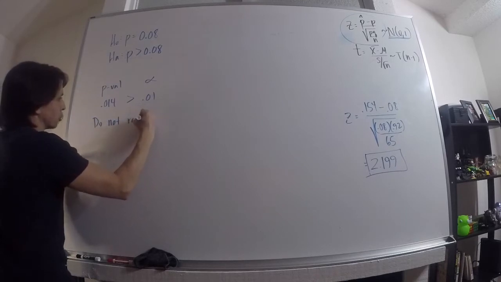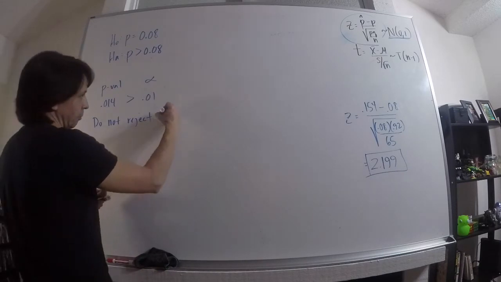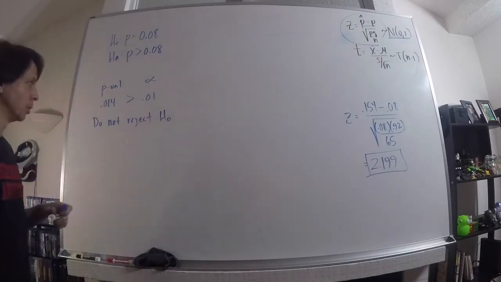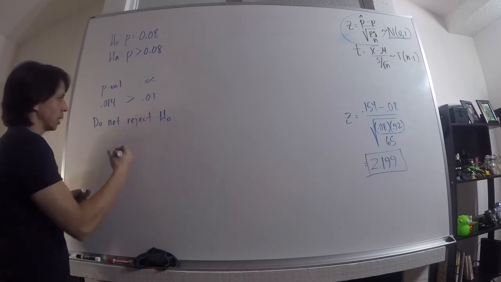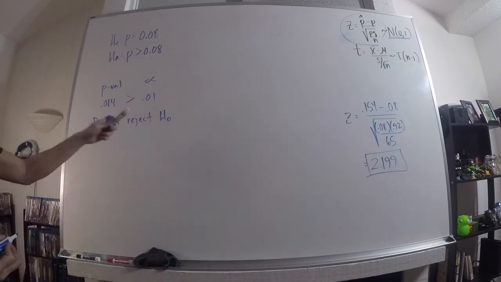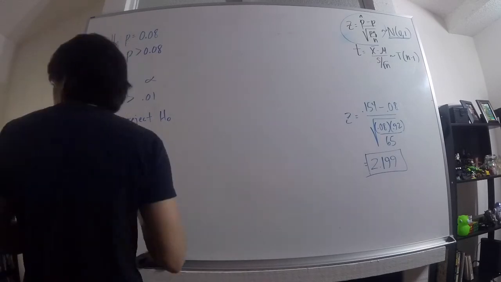And what that means is we are giving the company the benefit of the doubt, and we essentially believe them. We did not find enough evidence to call them out as lying or false advertising. So this means we believe the company. It wasn't enough evidence. Okay, some follow-up questions.